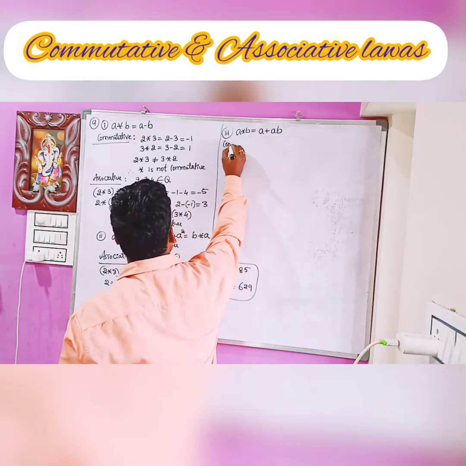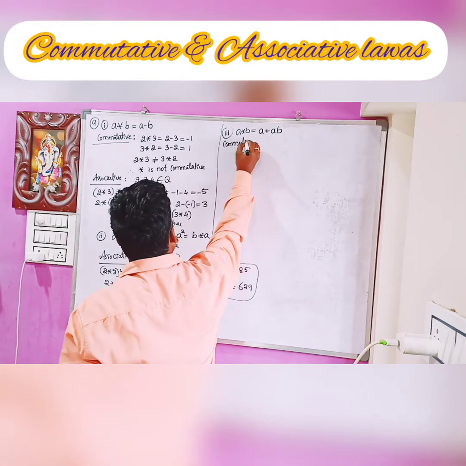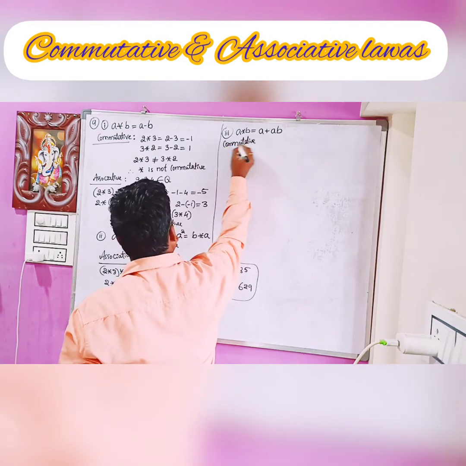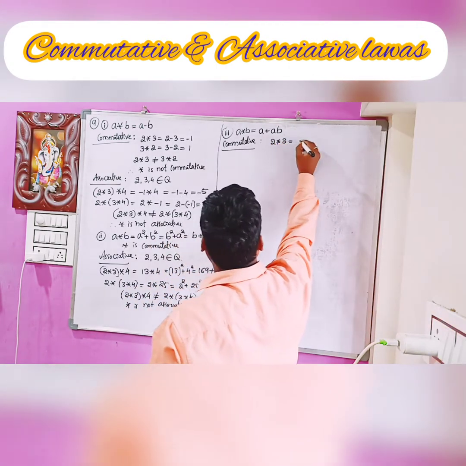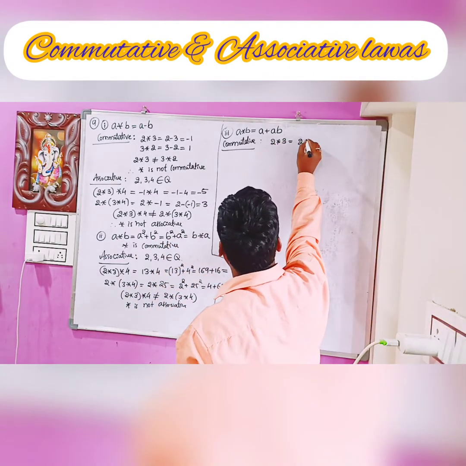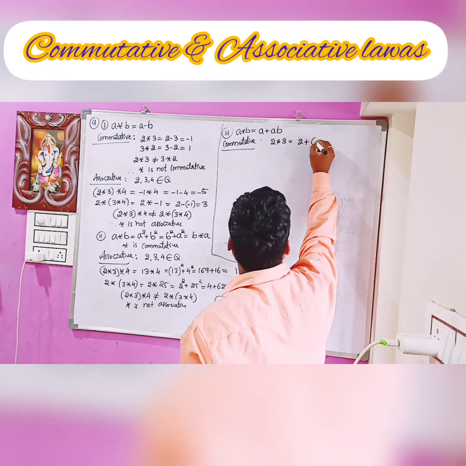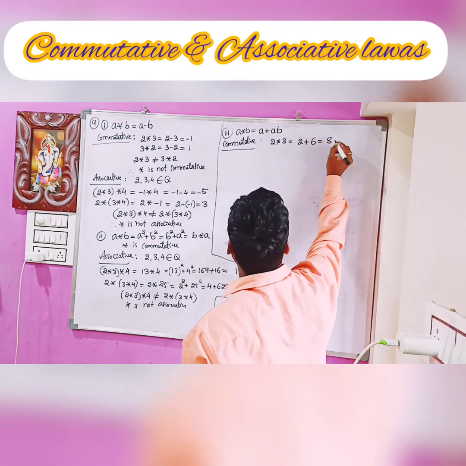With an example also we can show that it is not commutative. Take 2 star 3. What is 2 star 3? 2 plus 2 into 3, which is 6 plus 2, 8.